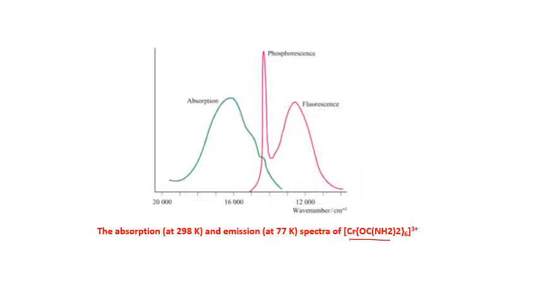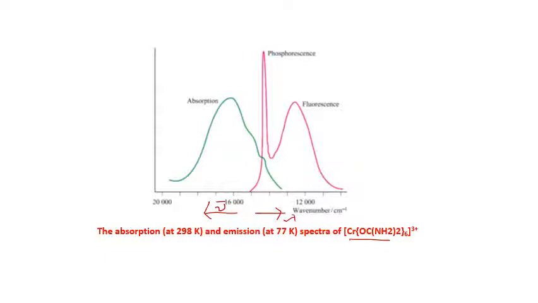Wave number in centimeter inverse runs along this direction, the higher energy from 12,000, 16,000, 20,000, and wavelength increases in this direction while wave number increases in the opposite direction.